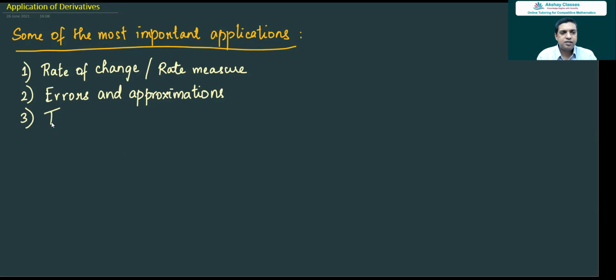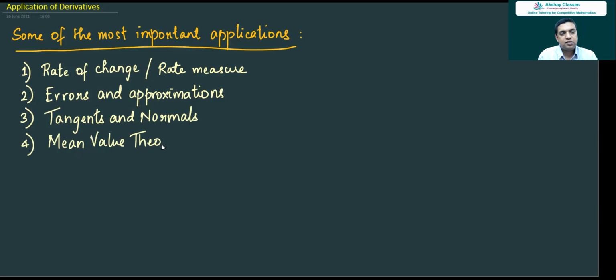Then we have tangents and normals of curves. This is within mathematics, tangents and normals. Then we have mean value theorems. They are mean value theorems based on application of derivatives.